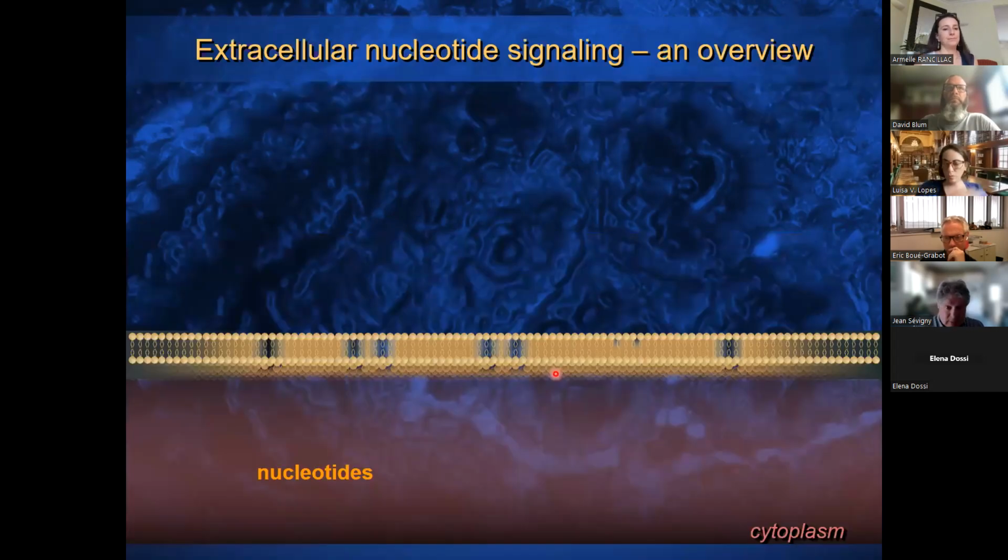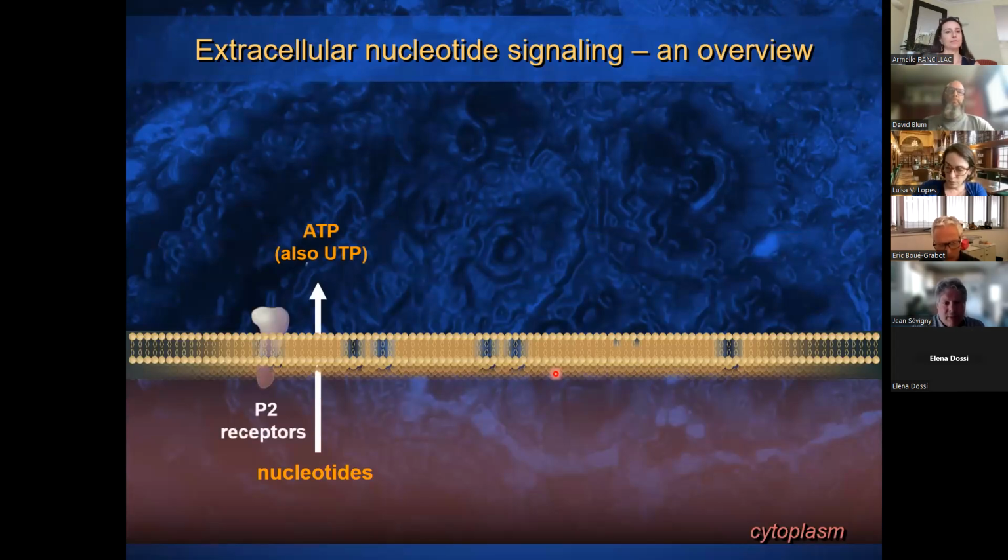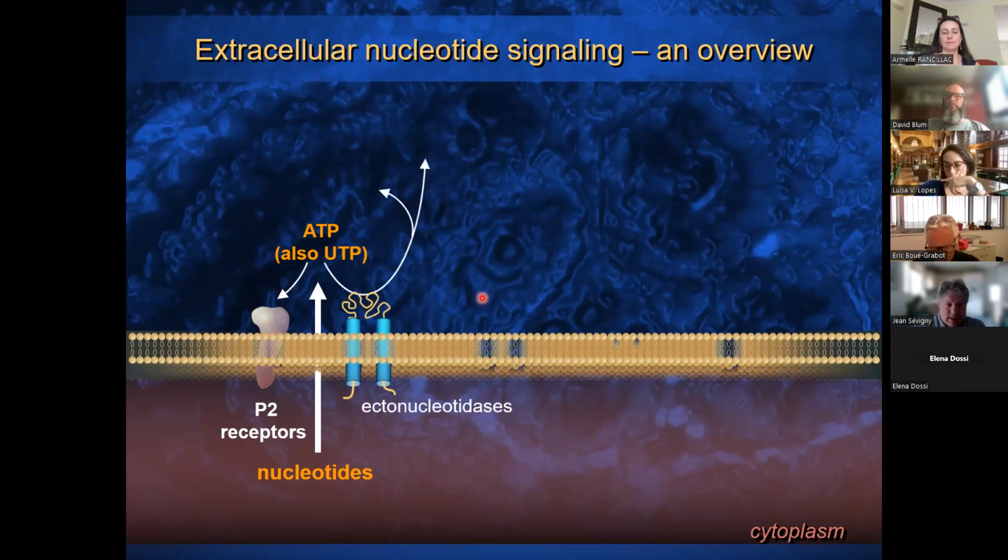As you all know, nucleotides are released in the extracellular environment by several different mechanisms. And once the ATP or UTP is outside the cell, they can activate 7 ionotropic P2X receptors and 8 P2Y metabotropic receptors. These molecules can be hydrolyzed by ectonucleotidases.